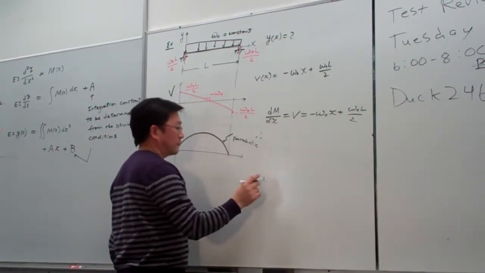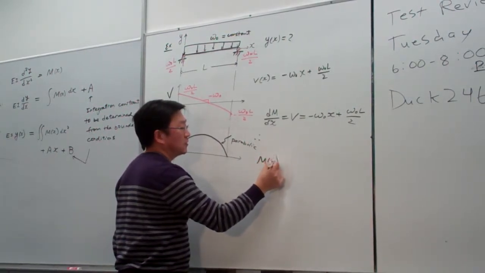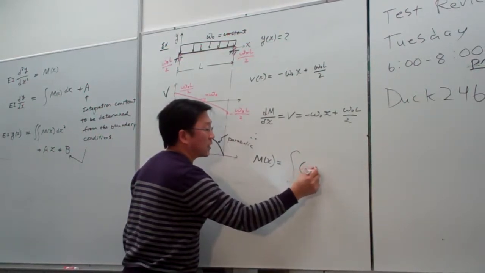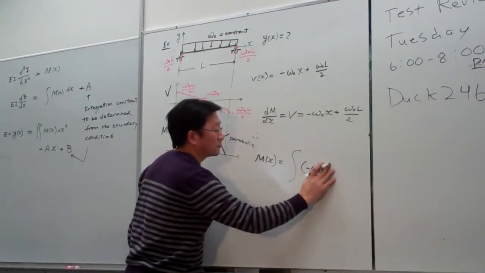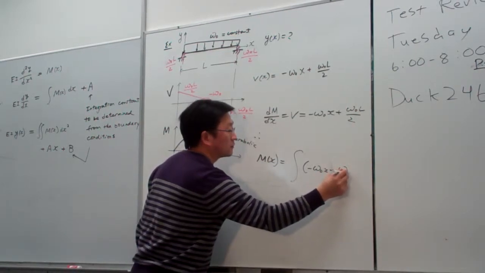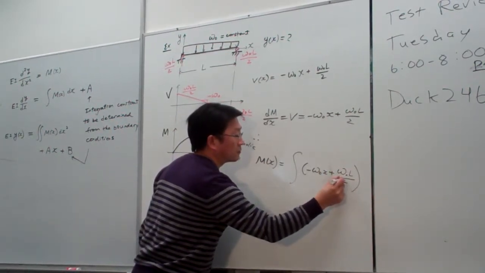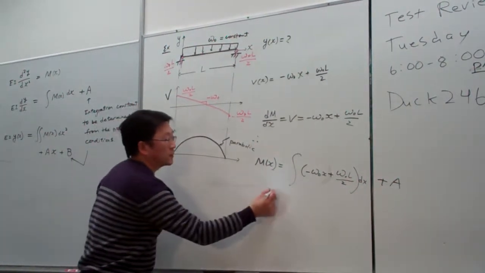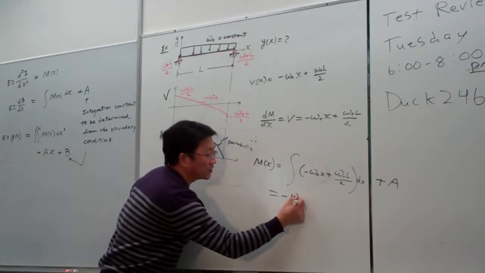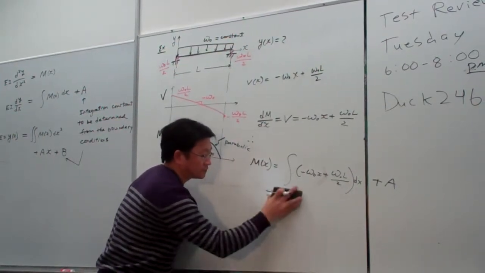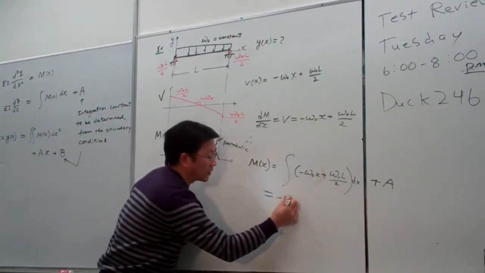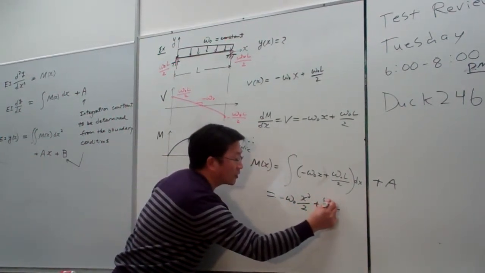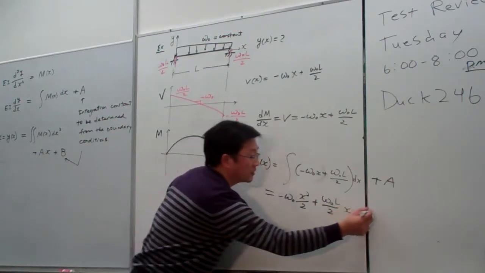So therefore, from here, M of x will be equal to the integration on both sides, plus the integration constant. We can do this carefully: minus omega 0 x squared divided by 2 plus omega 0 L x over 2 plus a.